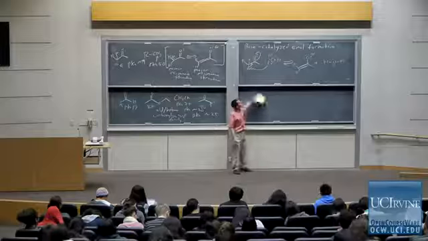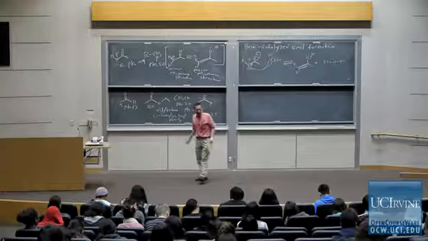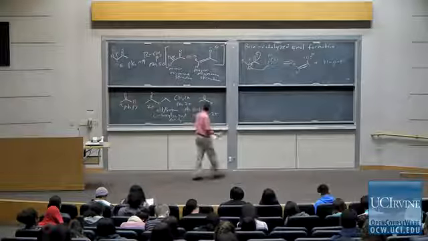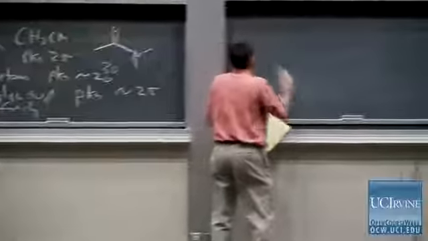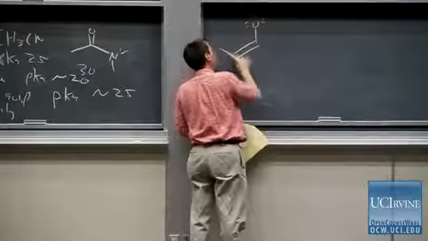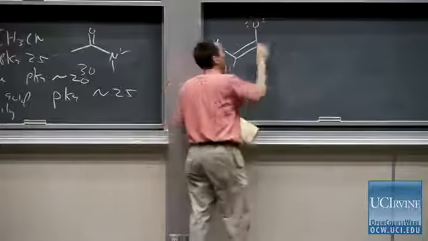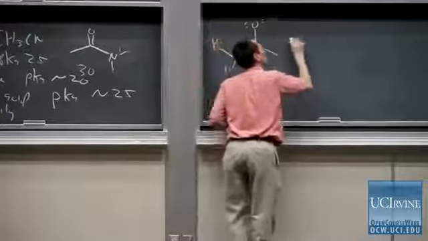But that equilibrium lies slightly away from the enolate. In other words, you generate a little bit of enolate, but you don't generate the enolate quantitatively. And so we can protonate.